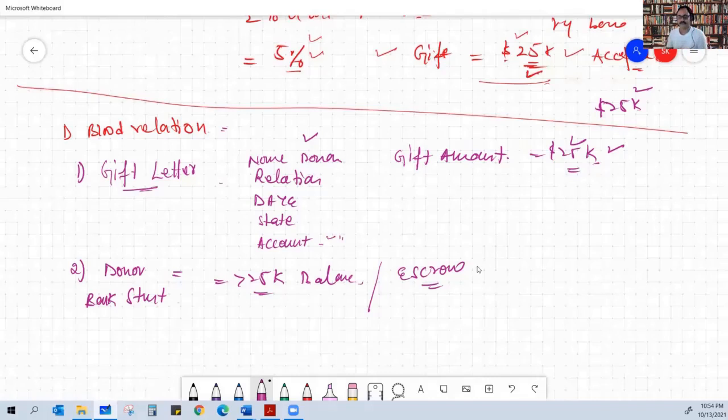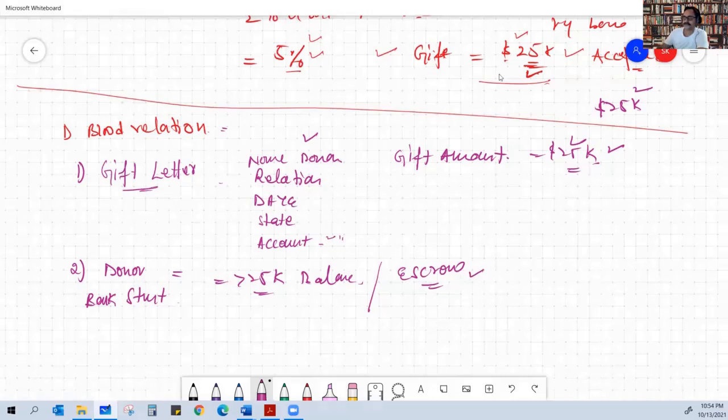We deposited whatever amount we wanted to gift to the borrower. We do not want to give the amount directly to the borrower, so we have already deposited the amount in the escrow account. Everyone knows what an escrow account is, right? So in the escrow account, all the amount has been deposited.